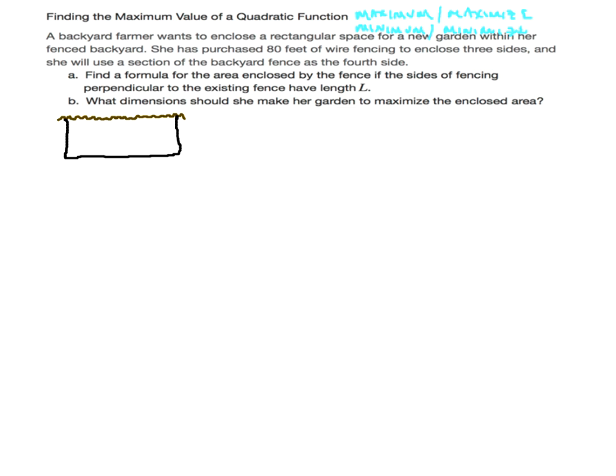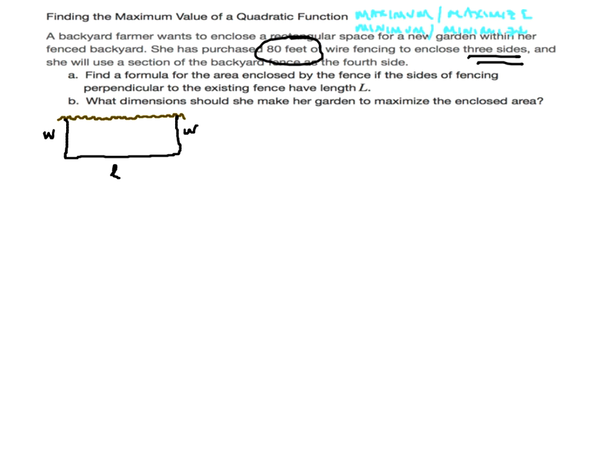And so it says she has purchased 80 feet of wire fencing to enclose the 3 sides. So I have 2 widths and 1 length of fencing that I'm going to need to enclose this area, and I've got 80 feet to do that.